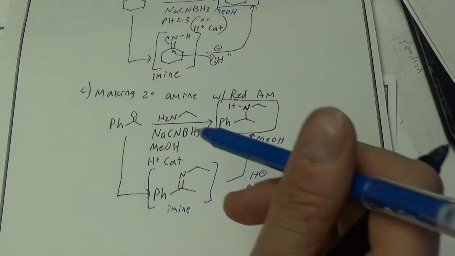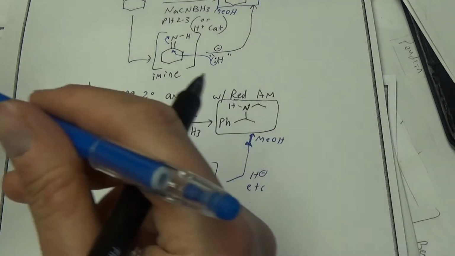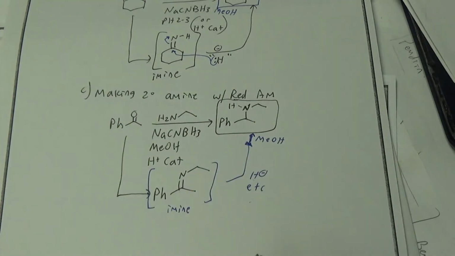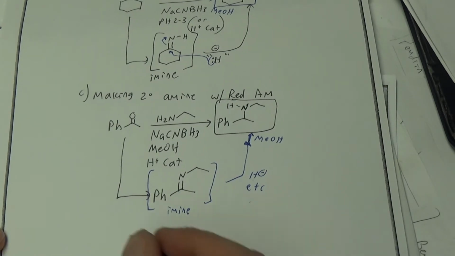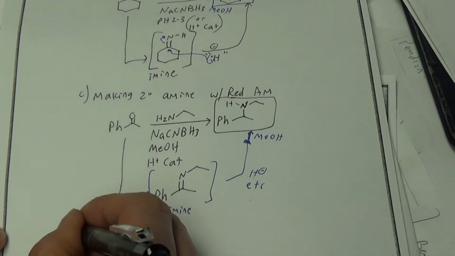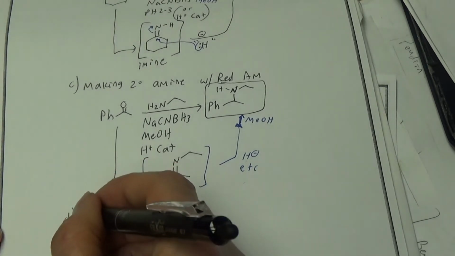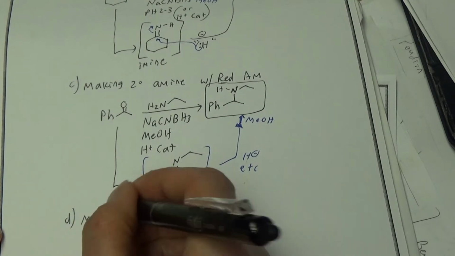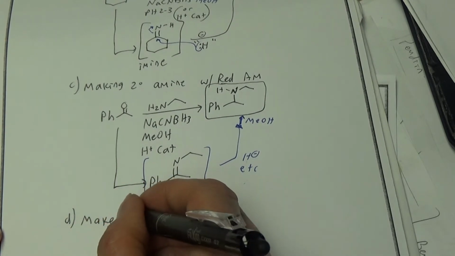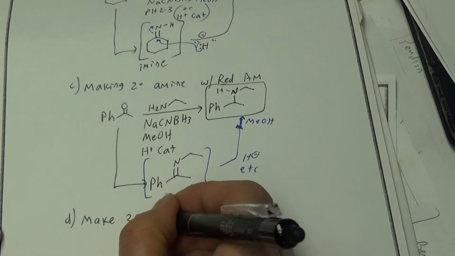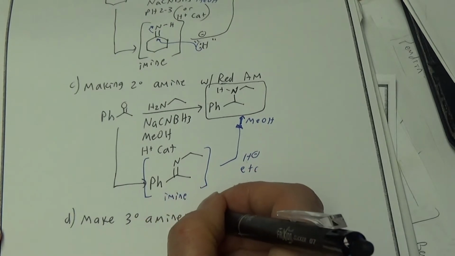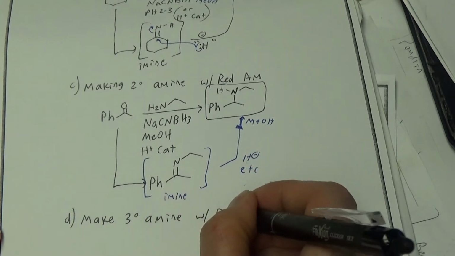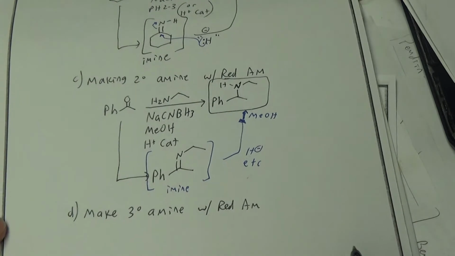What's the next one we have to do? Okay, so we're going to make a tertiary amine with reductive amination.